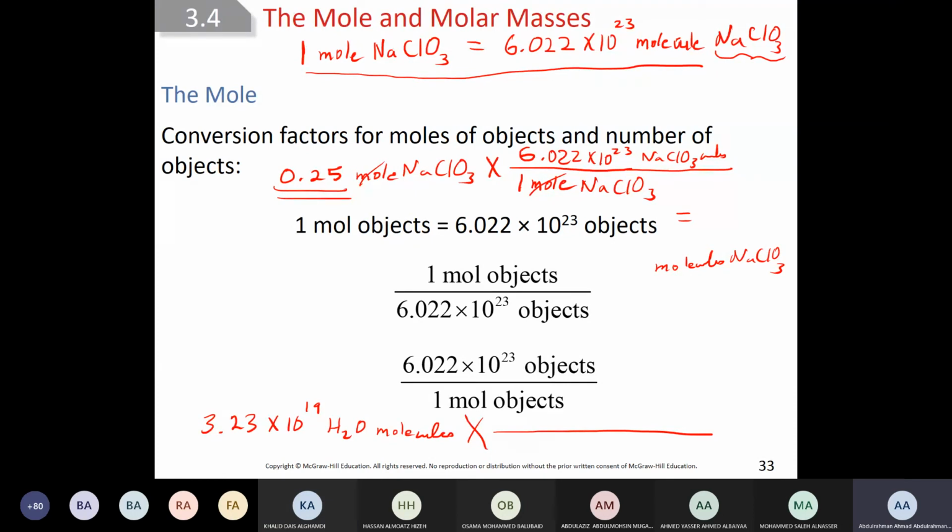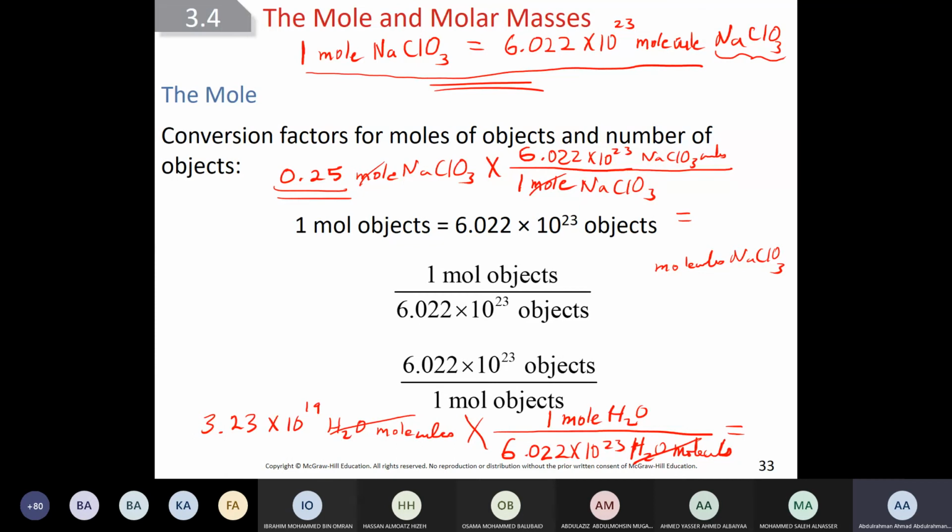So what should I write at the top? At the top, 1 mole, and don't forget to write 1 mole of what? H2O. And down, what should you write? 6.022 times 10 to the power 23 what? H2O molecules. And this way the H2O molecule will go with H2O molecule, and you have the answer.